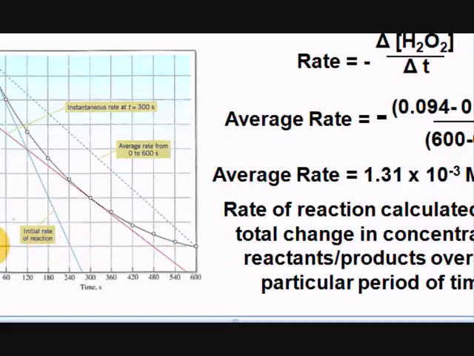You see the value coming from over here. The initial concentration, 0.882, comes from the very top of the graph here, and the time factors involved are 600 seconds at the very end of this reaction for decomposition, and 0 for the start time, and then from that you get your average rate.